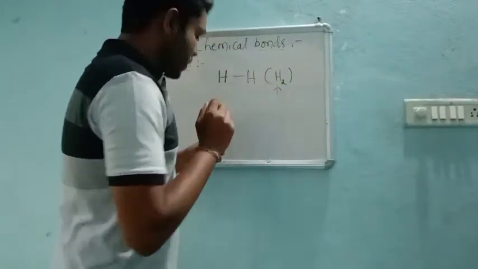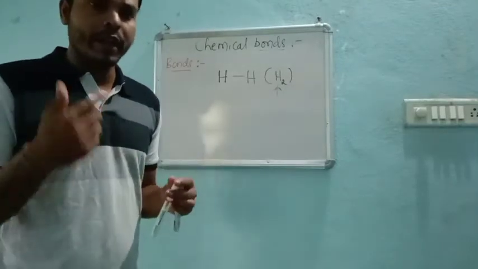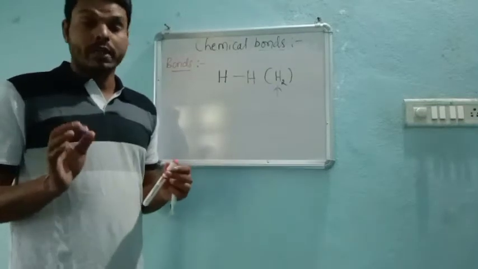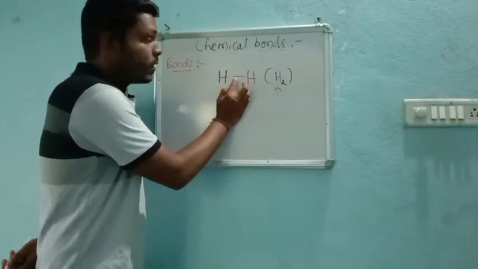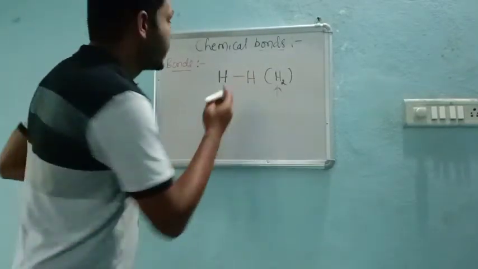Now, to form a bond between any two elements or ions, we require electrons. That is very important. See, simply this bond will not form. So there will be an involvement of electrons here.